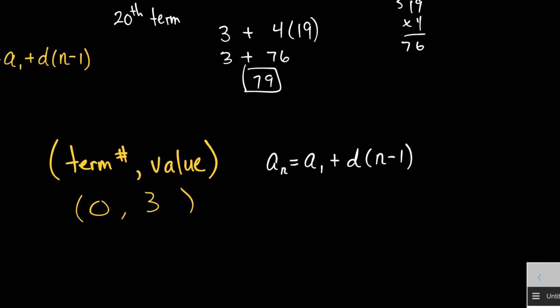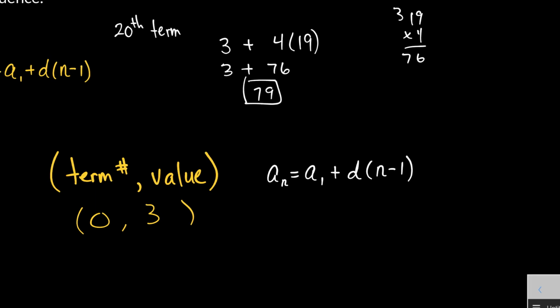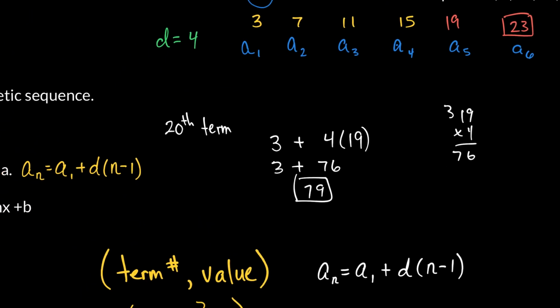Okay, and I'm going to bring that up to this here and show you. So a sub 1, yes, but what I'm going to have to do here is say originally we started at 3, and then 7, and then 11, and so on.